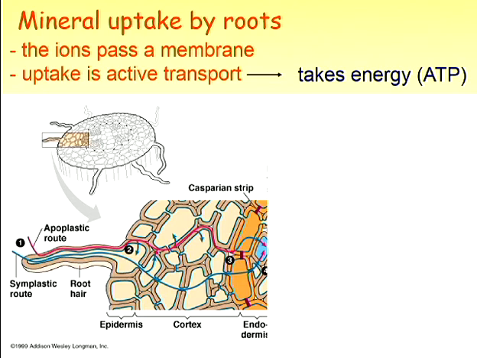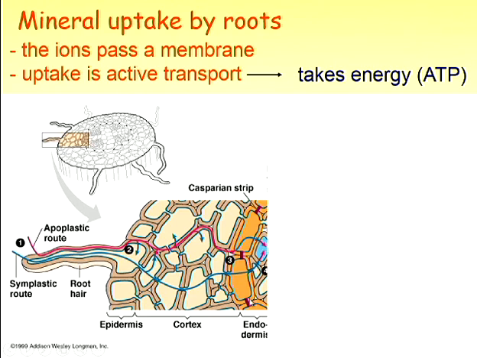So there it would bump into a barrier, and if it would then want to proceed, it would have to pass into the symplast, pass a membrane protein, and then it's in the symplast of the endodermis, and then again, if it would want to continue up to the shoot, it would have to pass a second membrane to get into the apoplast of the xylem.